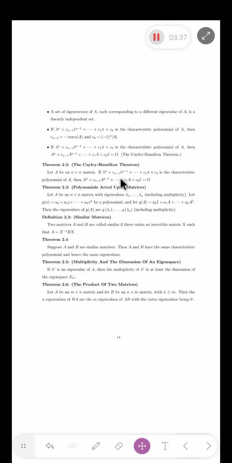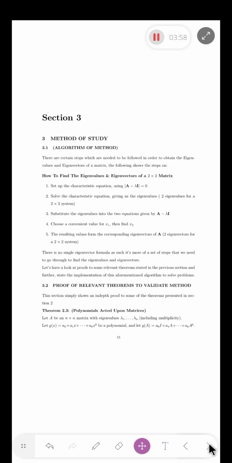But for the sake of this seminar work, we were able to present the proof for theorem 2.3 and also that of theorem 2.4, definition 2.3 and also that of theorem 2.6. It is clearly seen in section 3. In section 3, we have the proof of relevant theorems to validate methods.